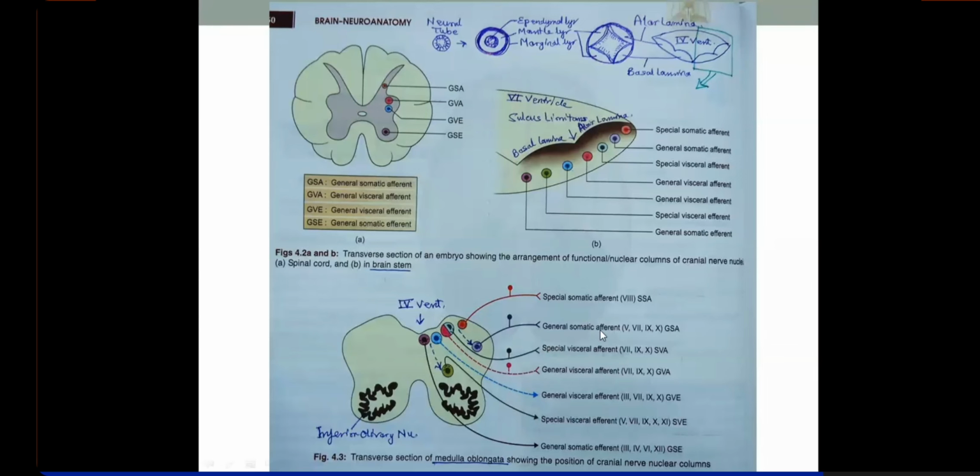These are general somatic afferent sensations, and they are brought in to this functional column, and this functional column, let me tell you, is made up of a single nucleus, which is an elongated nucleus which has three parts. The uppermost part is in the midbrain, called the mesencephalic nucleus, right?